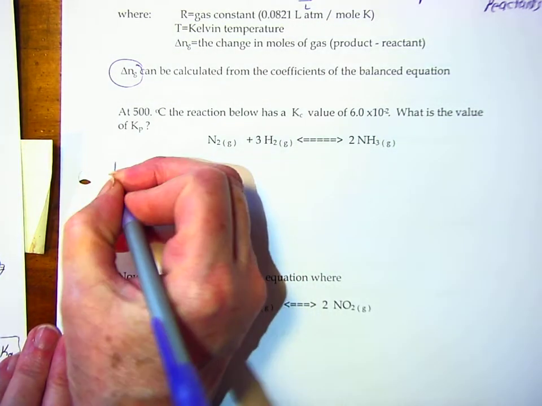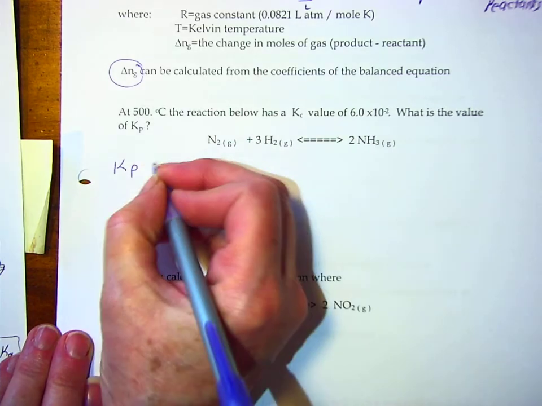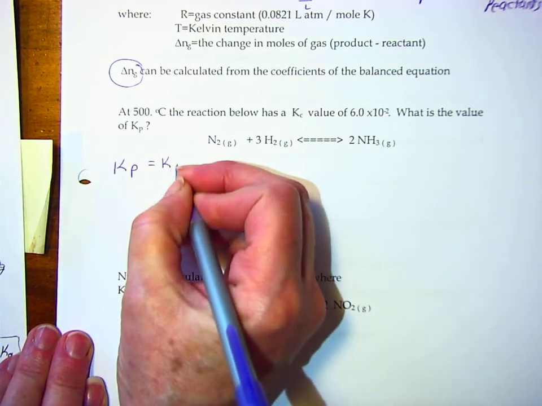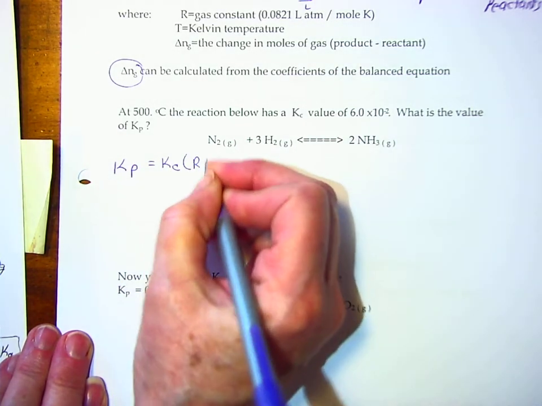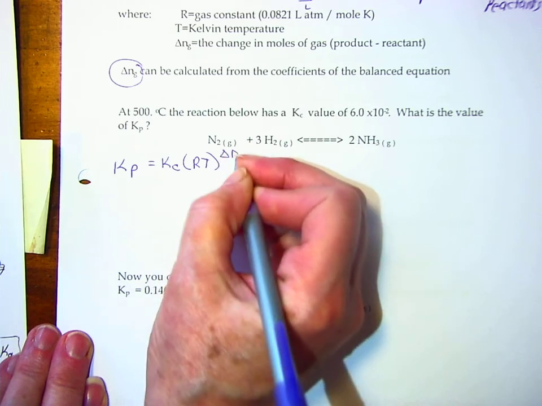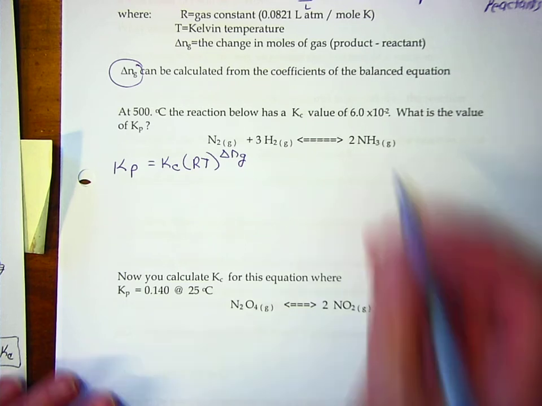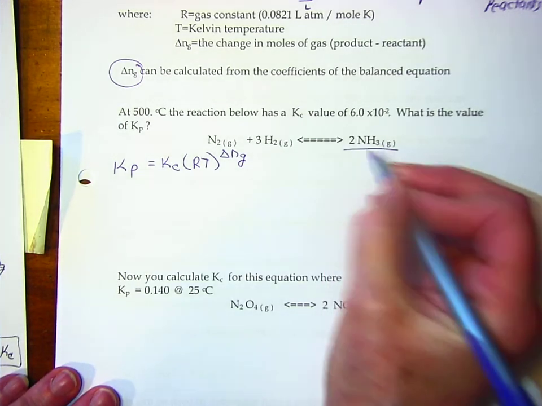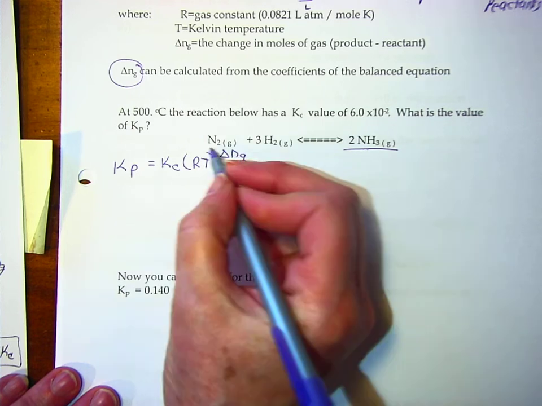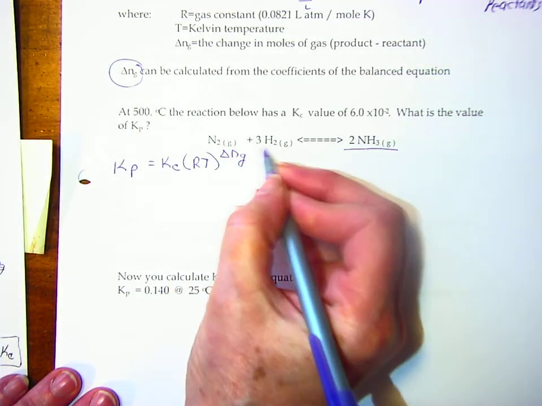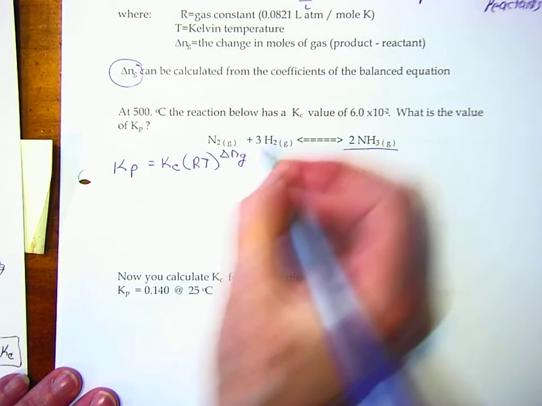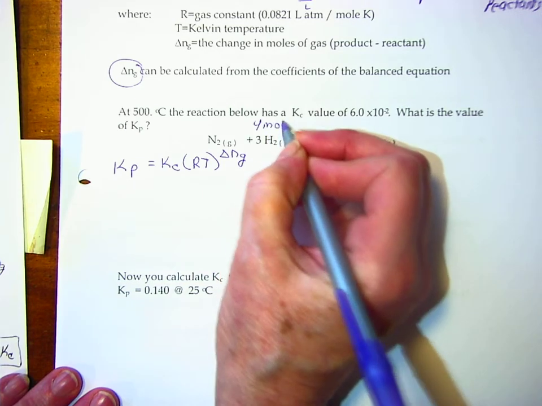Well, we know K sub P is equal to K sub C times RT to the delta n sub g. So we'll start off, we know K sub C, let's find delta n sub g. I have 2 moles of gas on the product side, and I have 1 mole of nitrogen and 3 moles of hydrogen, so I have 4 moles of gas on the reactant side.